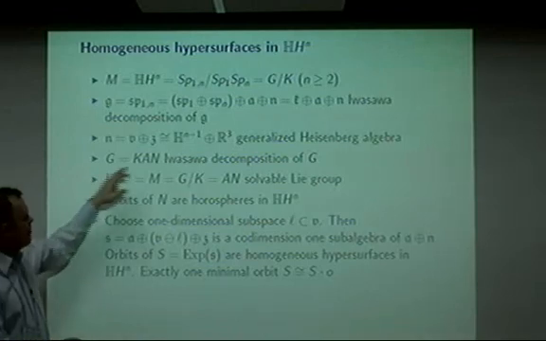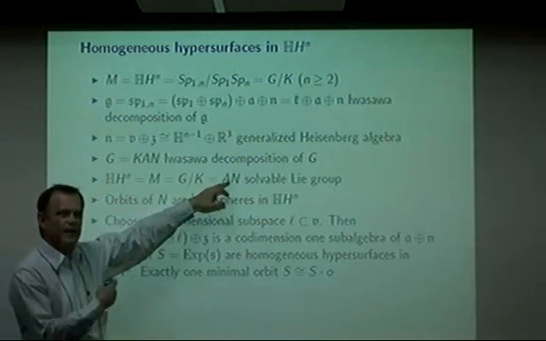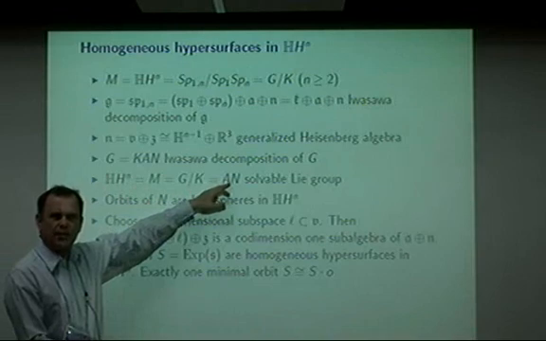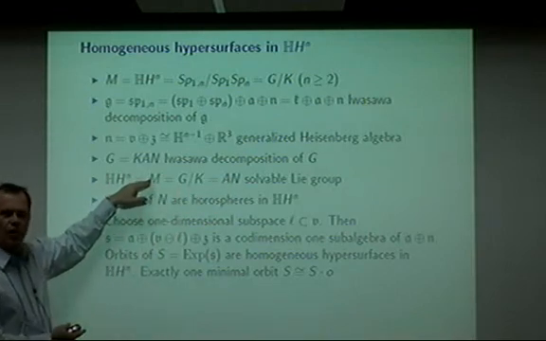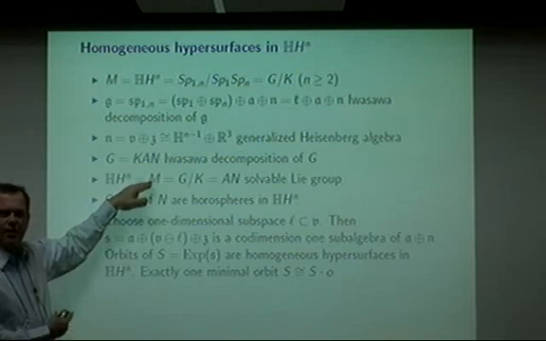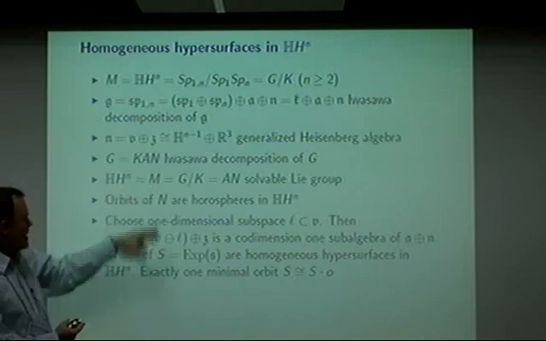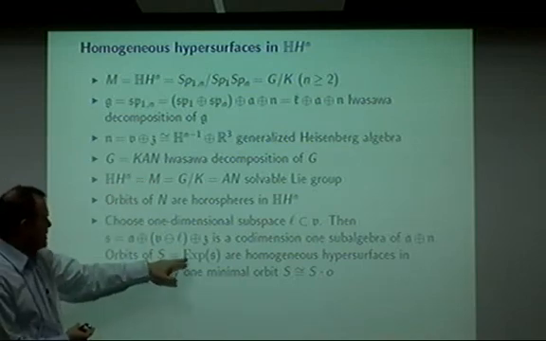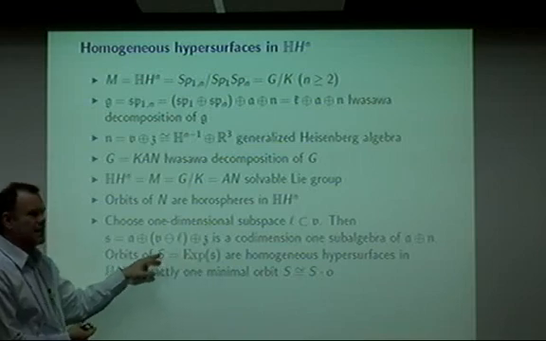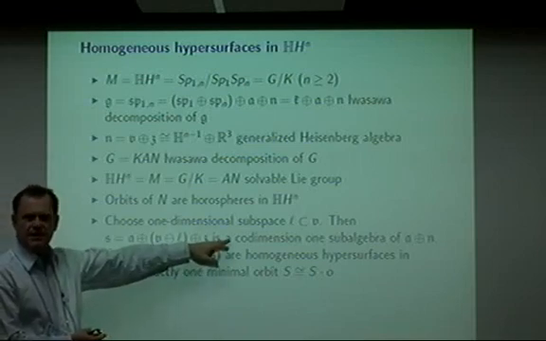When we get something of codimension 1 in here, that of course acts with cohomogeneity 1 on the manifold, so the orbits will be codimension 1 submanifolds, hypersurfaces. The orbits of the group which we get when we exponentiate this algebra must be homogeneous hypersurfaces.